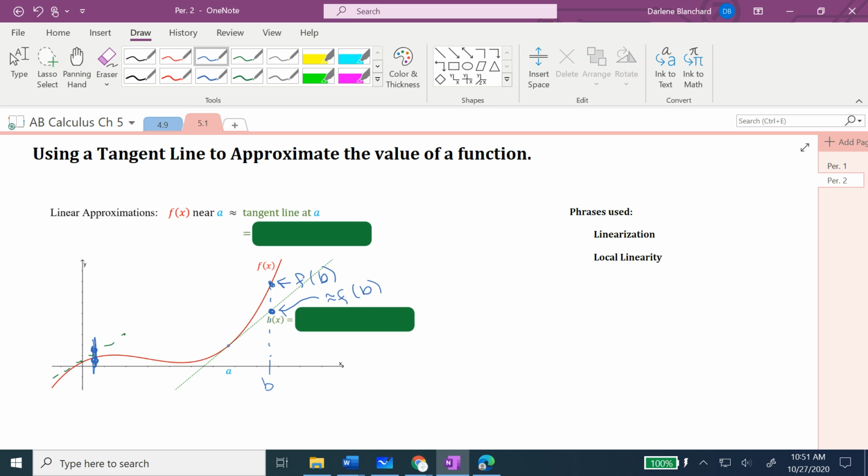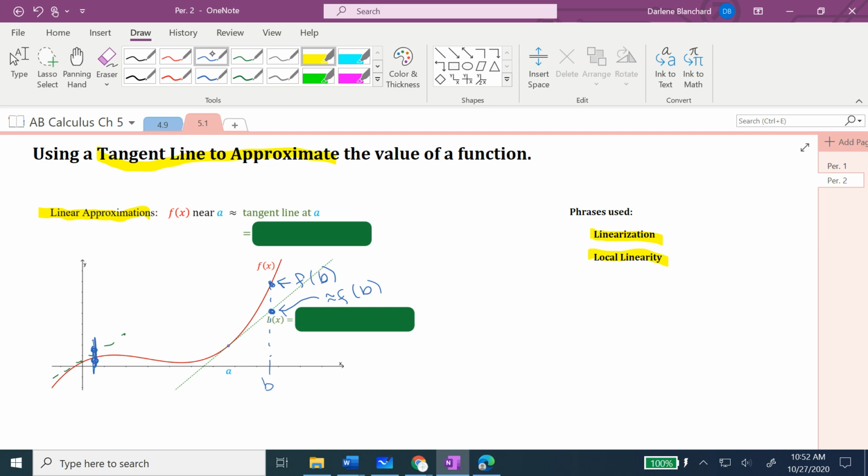And phrases that are important that you need to be ready for: they will say linear approximation, they will say linearization, local linearity. They all mean tangent line approximation, and they have to give you a very specific x coordinate of a very specific function.